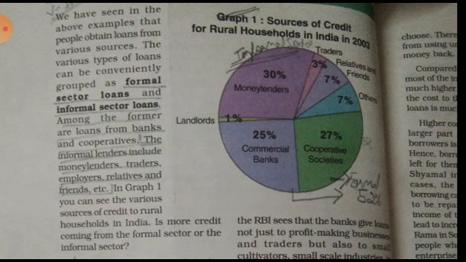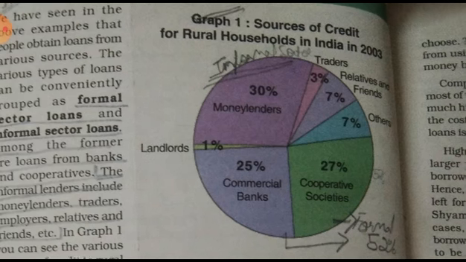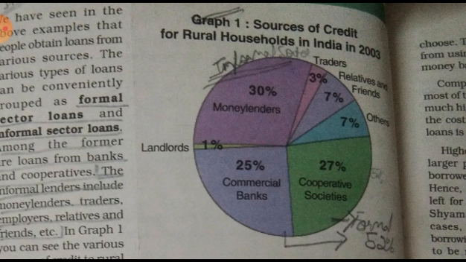Commercial banks are 25%, and 27% of people approach cooperative societies for credit.